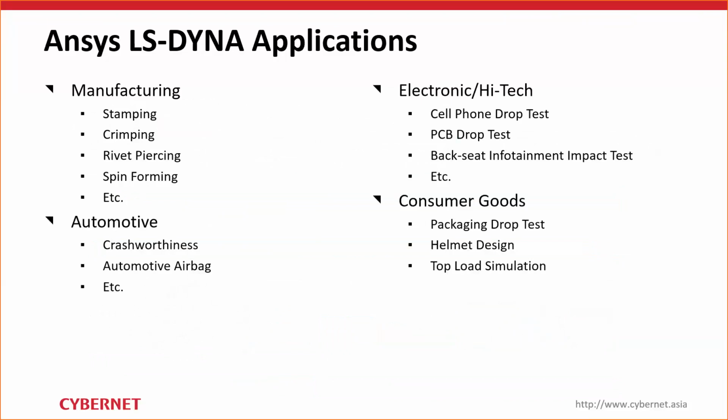Like I mentioned previously, LS-DYNA can cover a huge range of applications in a wide spectrum of industries. When we talk about any simulation or analysis that has a high degree of non-linearity or events that happen in a short amount of time, we are looking at applications such as metal stamping, crimping processes, piercing, shearing, spin forming, and so on.